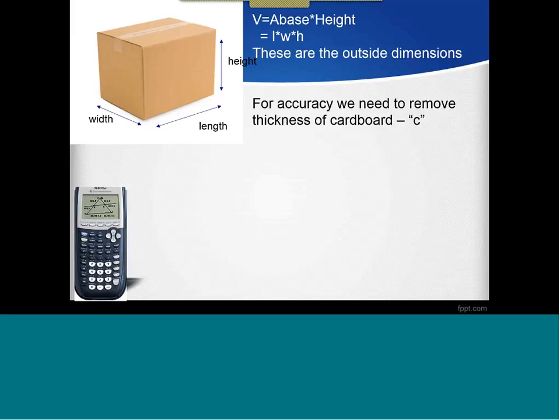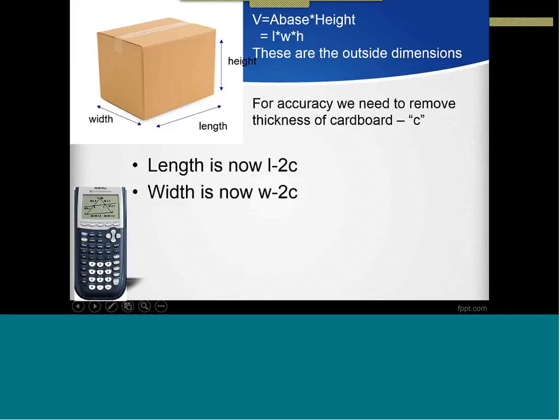Okay, so what we can look at there in terms of the modelling is that the length of our box is going to be length minus the thickness of the cardboard at each end. Using that same process, the width of my box is now the width minus the thickness of cardboard at each end.